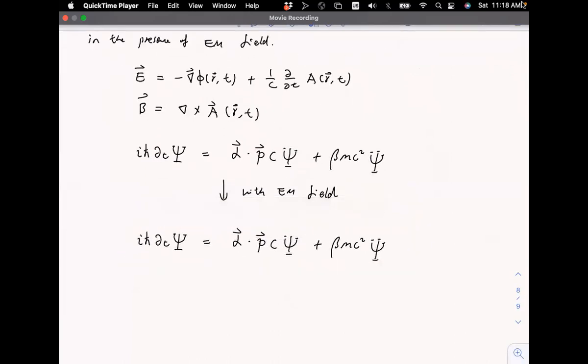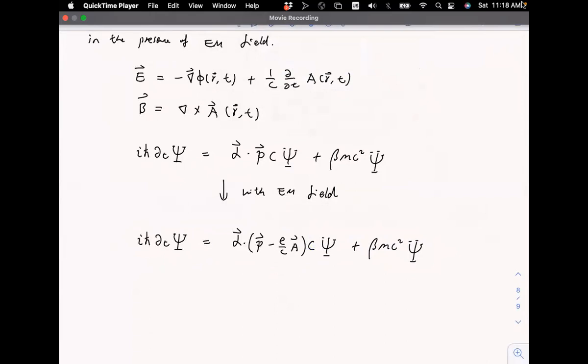By this substitution, you change this P into, you still have the sigma dot here, and then you minus eA over c.